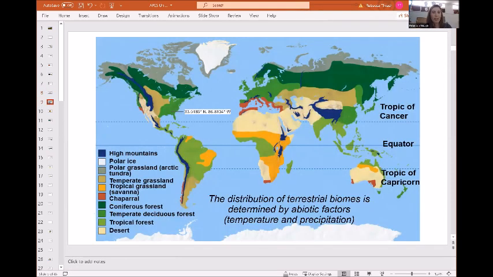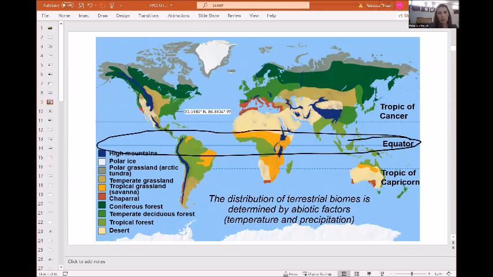Okay, so all of these abiotic and biotic factors are going to mostly determine things like the location of biomes. And more importantly for terrestrial biomes, this is going to be temperature and precipitation. So if we look at the distribution of these biomes, we can see that the tropical types are right around here with the equator, right?